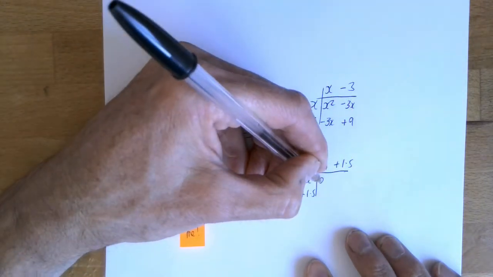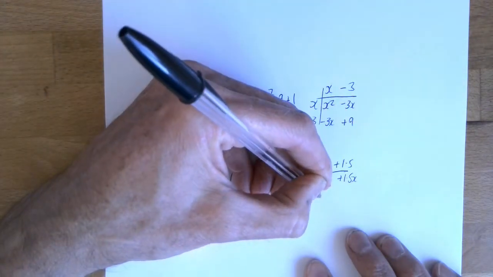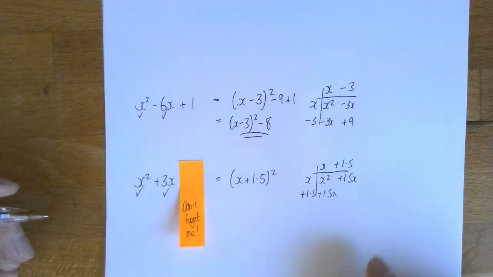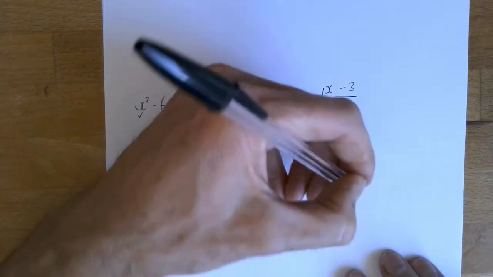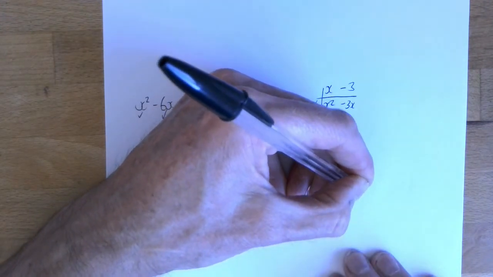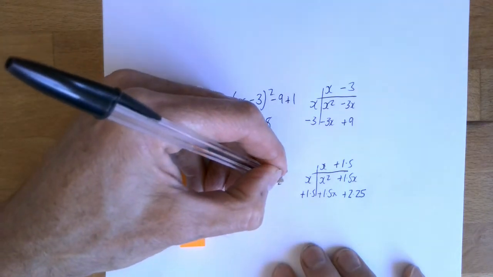I get my x squared, tick. I get 1.5 x's there, 1.5 x's there, which gives me my 3 x's, tick. But I also get 1.5 times 1.5, and we're multiplying, 2.25, which I haven't got here, so I need to take away 2.25.